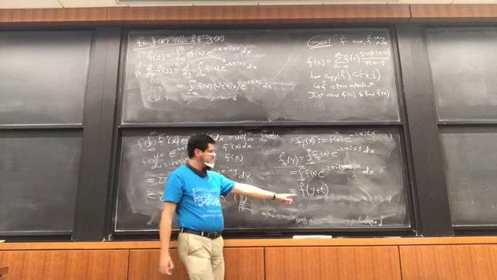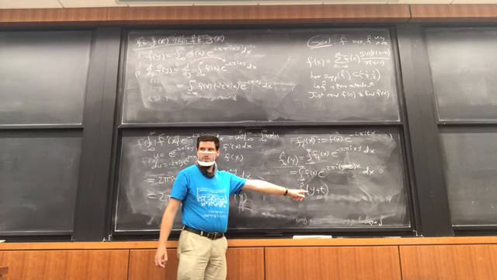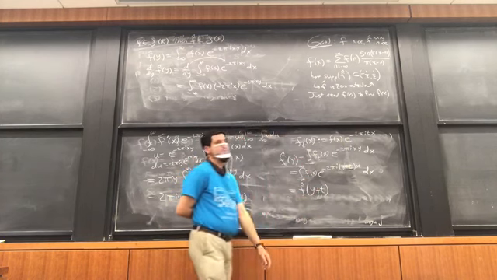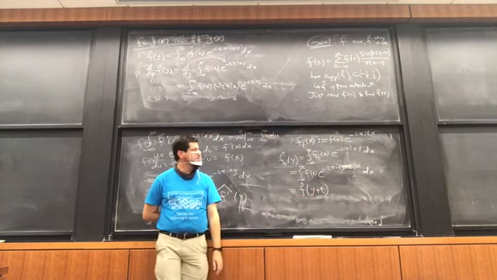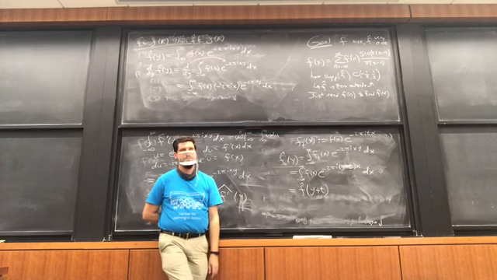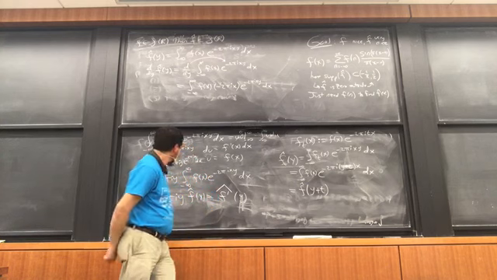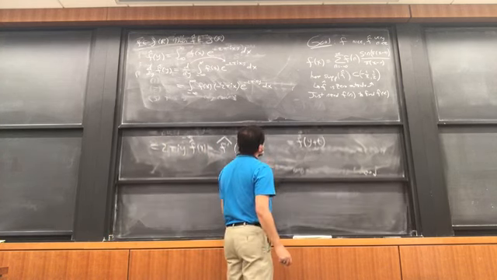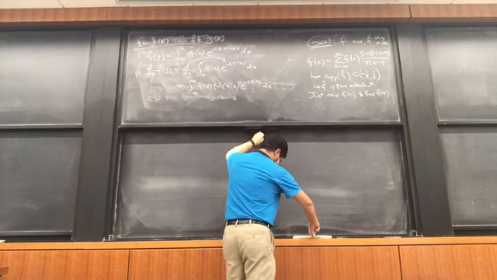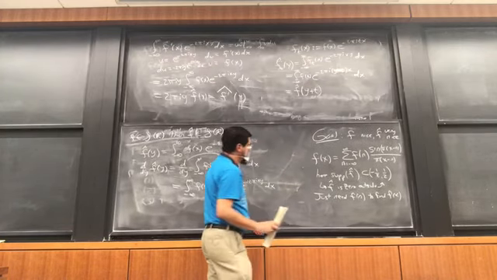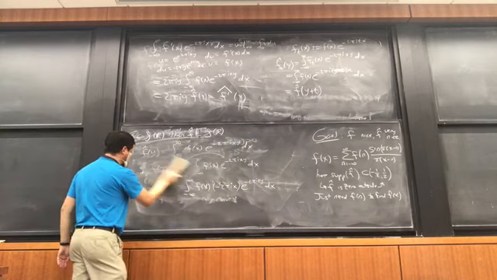So what this is telling us is that if we translate the Fourier transform, that is the same as multiplying our original function by a factor of e to the negative 2 pi i tx. Okay. So we're getting closer to our formula.